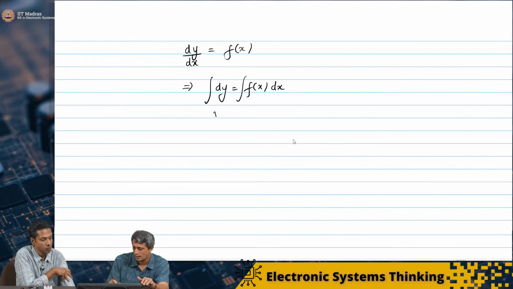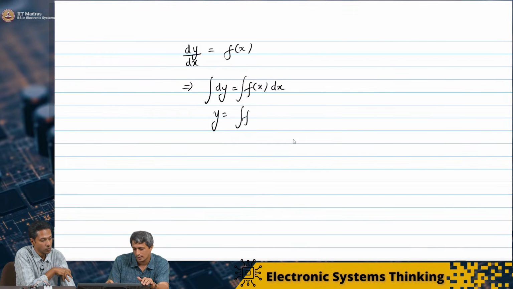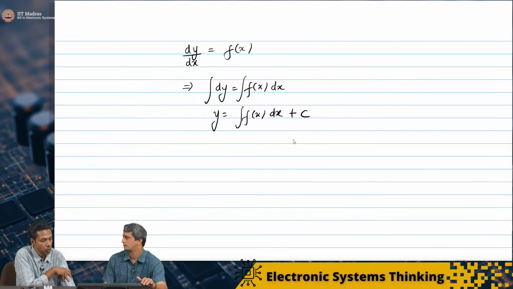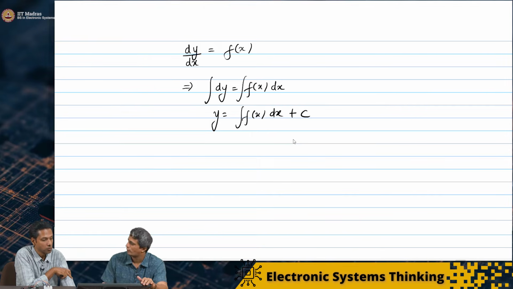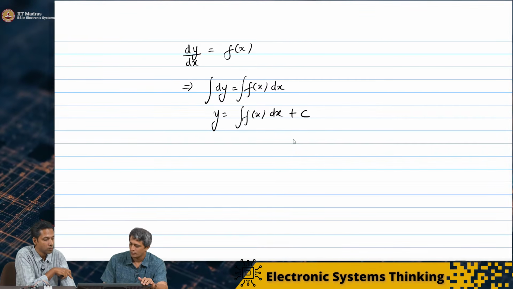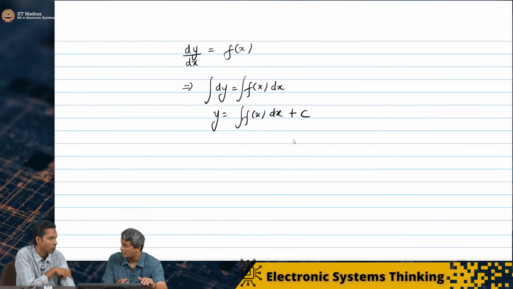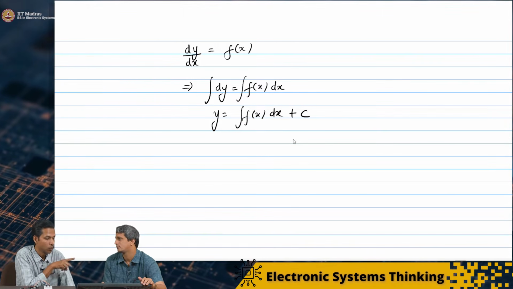So I'll get y equal to integral f of x dx plus a constant. This we all know from 12th standard, right? So whatever differential equation we are given, we have to first reduce it to this form.